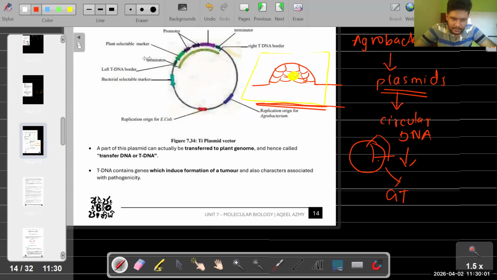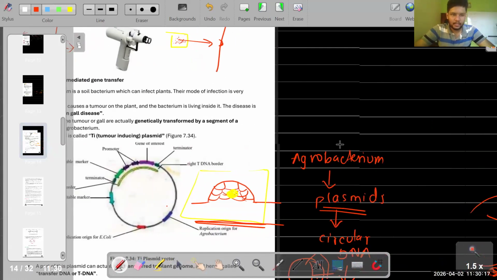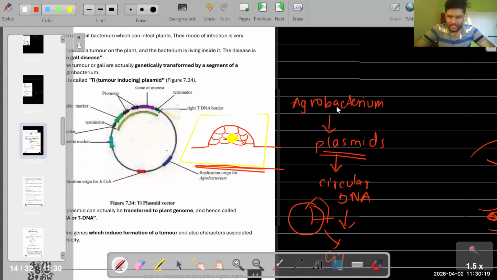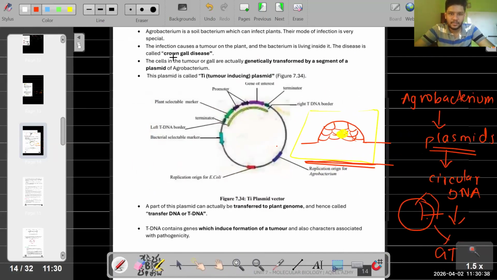Is that clear? Check again. See here. The cells in the tumor are actually genetically transformed by a segment of plasmid. See here, agrobacterium has plasmids. Those plasmids are circular DNAs, and those circular DNAs have segments, not all the segments, specific segments which can genetically transform into cells of the tumor.